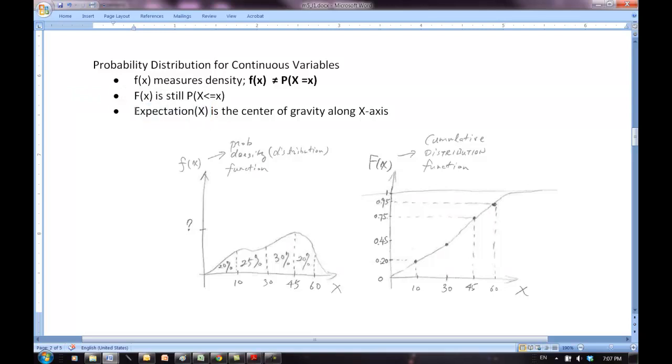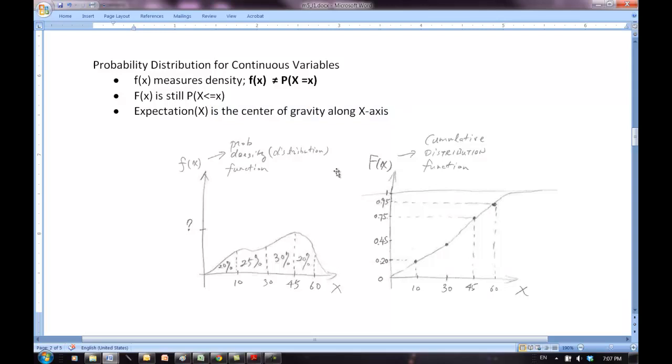But the expectation of x for a continuous variable turns out to be the center of gravity along the x-axis for the piece of irregular wood that we introduced earlier.